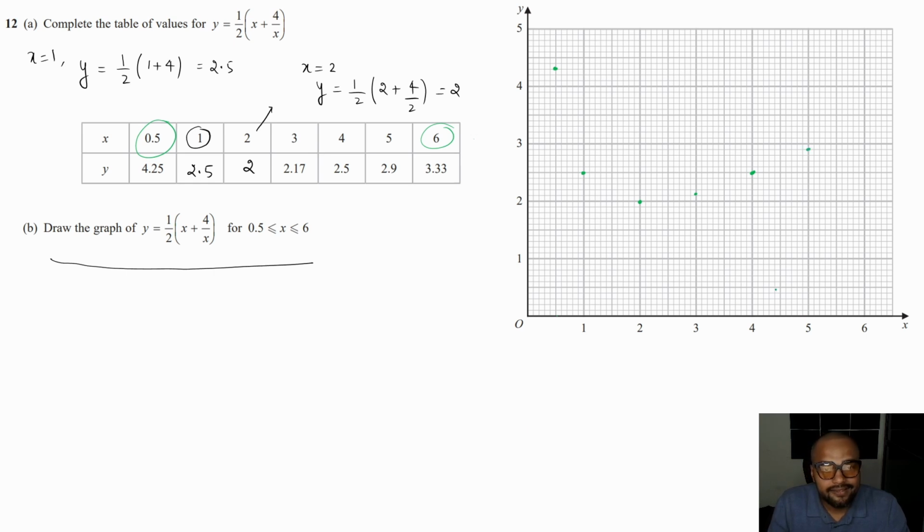And on x equals 6, we are getting 3.33, so it will be somewhat here. Okay, so for drawing the graph, it's easier for us. We just need to match the lines here, students. This is how our graph will look.